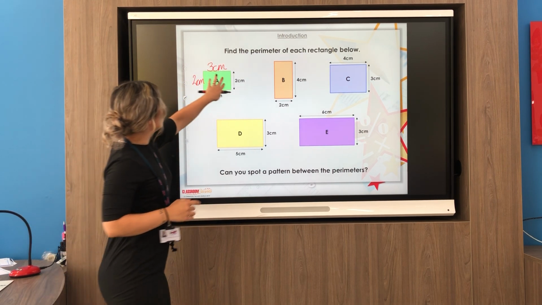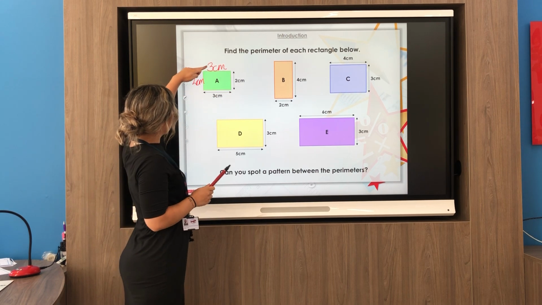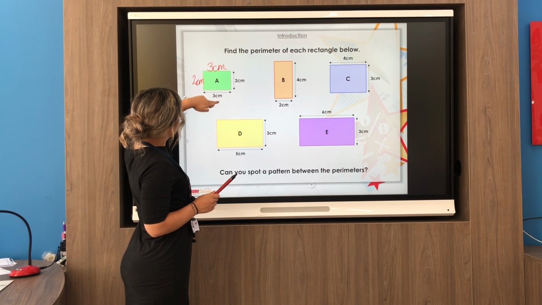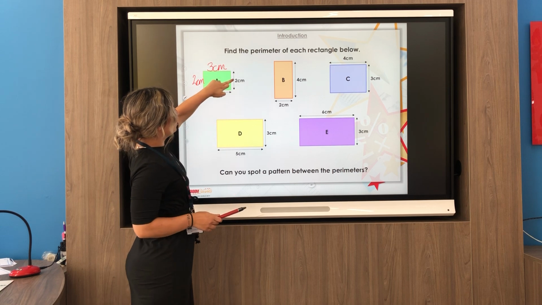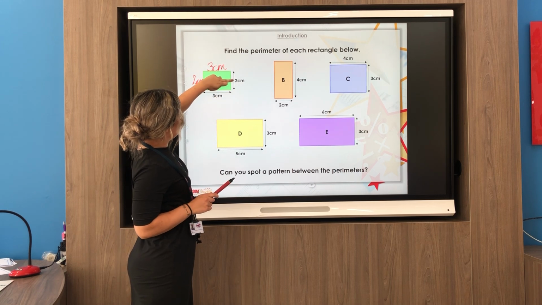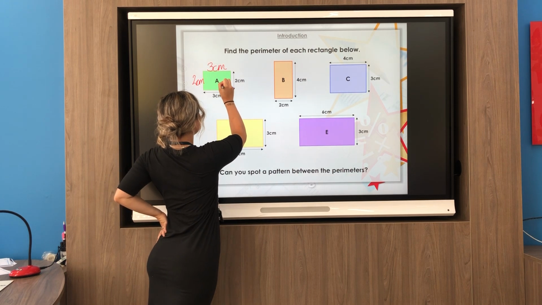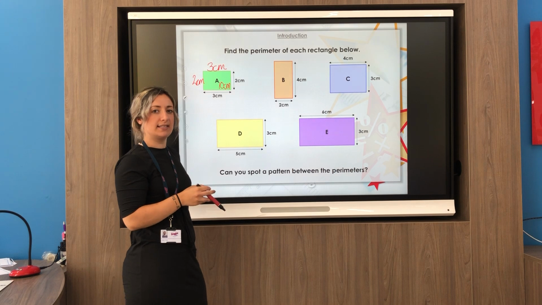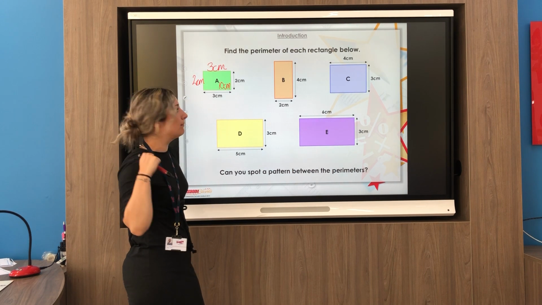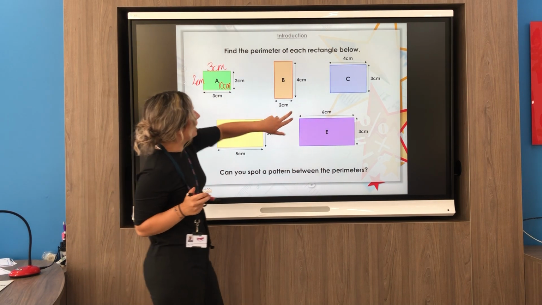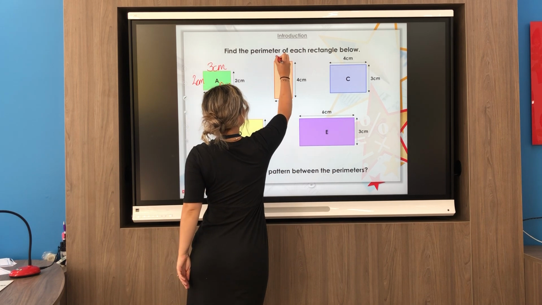So, to work out A, I'm going to do 3 add 3 is 6, add 2 is 8, add 2 is 10. And let's do 10 centimetres because we haven't got the grid squares this time, so we need to start doing it mentally. For shape B, the same again.